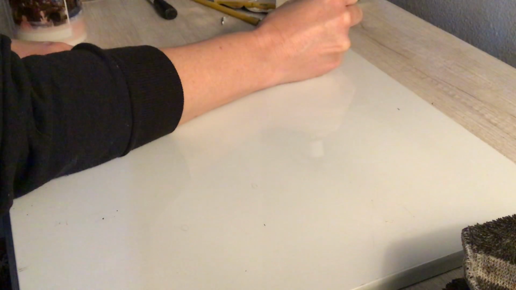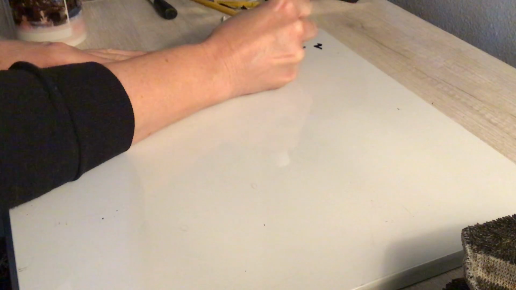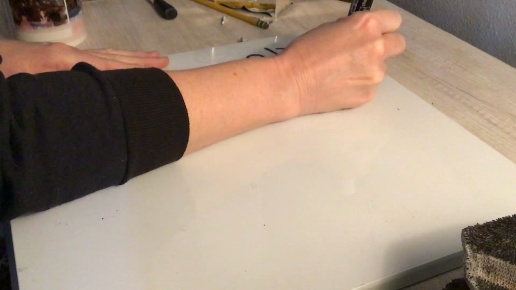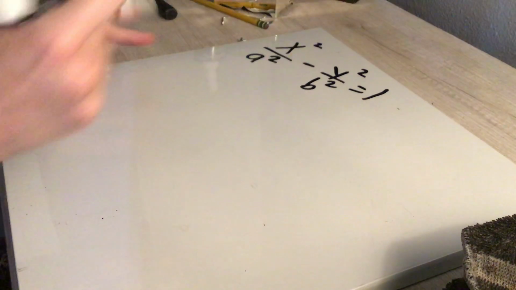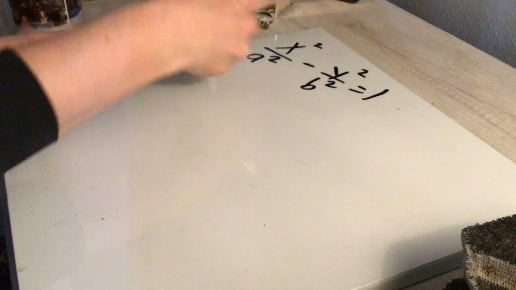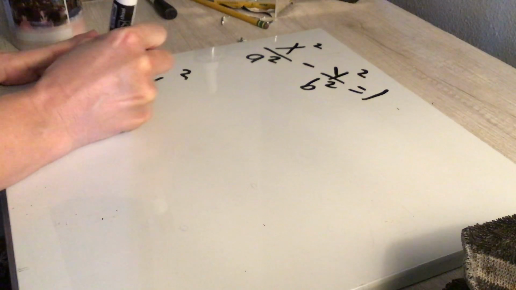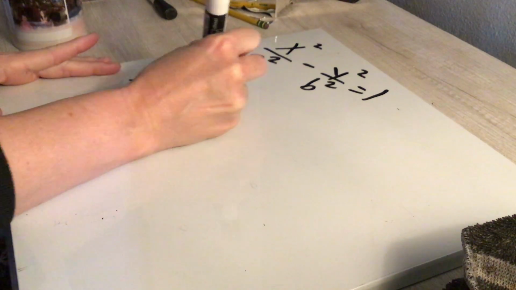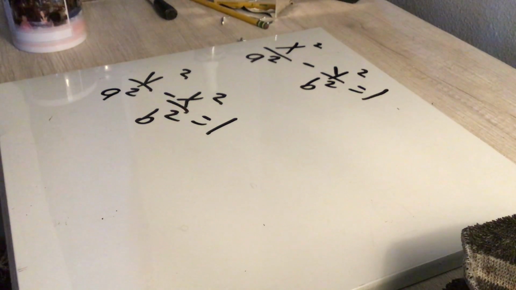For hyperbolas, it's x squared over a squared minus y squared over b squared equals 1. Or you can flip it, and you flip the x and y this time, so it's y squared over a squared minus x squared over b squared equals 1.